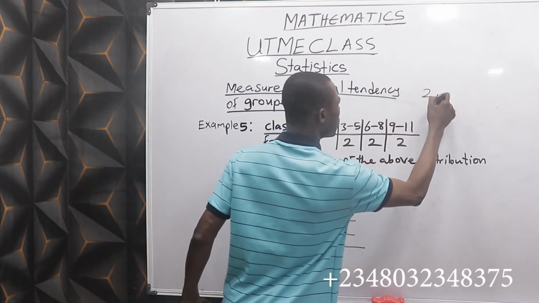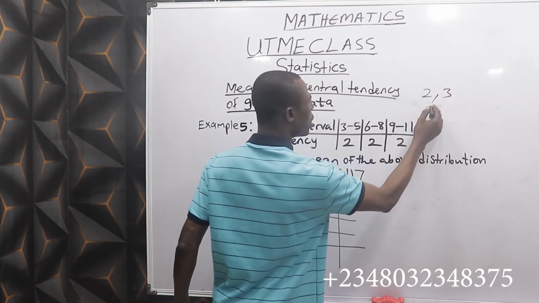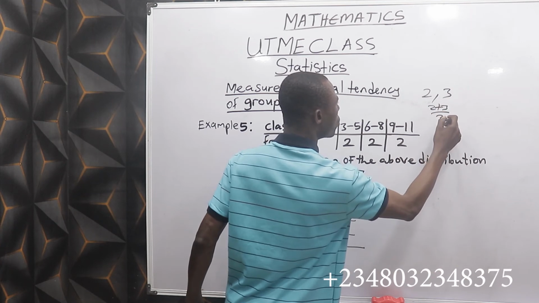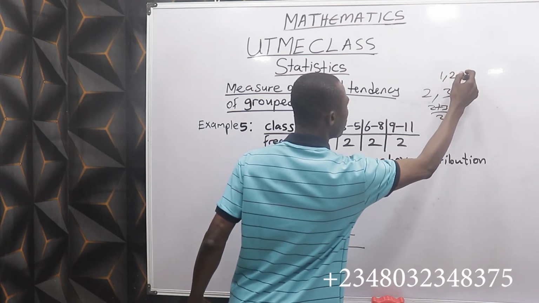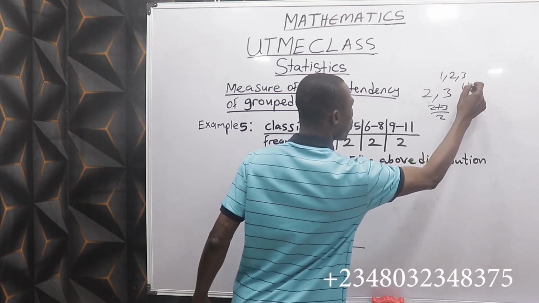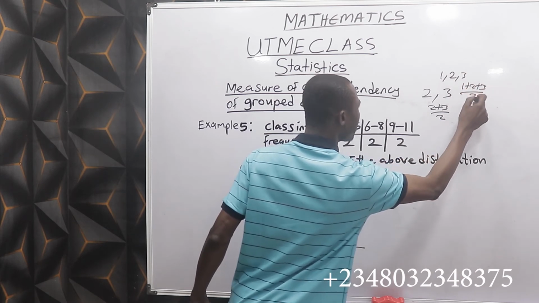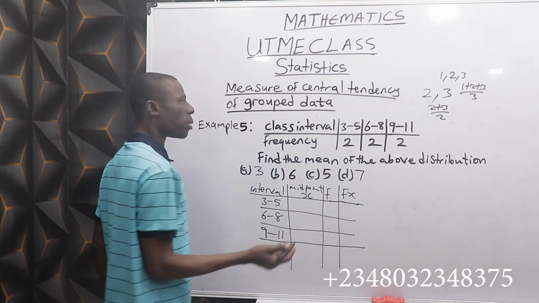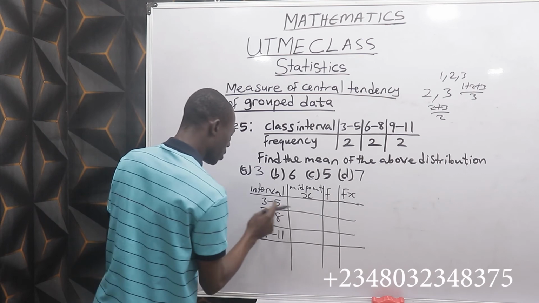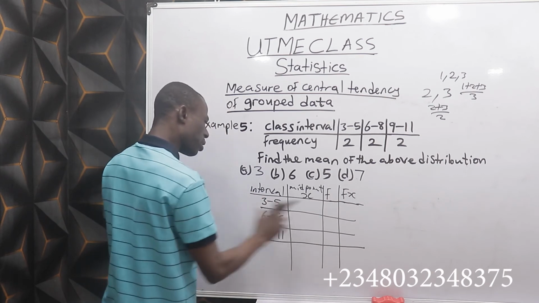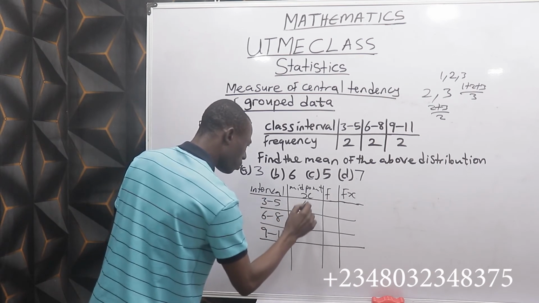If you are to find the mean of this, what do you say? 2 plus 3 divided by 2. That's mean. If you are to find the mean of 1, 2, 3, you say 1 plus 2 plus 3 divided by 3. So that is what we mean by finding mean. So what's the mean of 3 and 5? That is 3 plus 5, that's 8, divided by 2, that is 4.